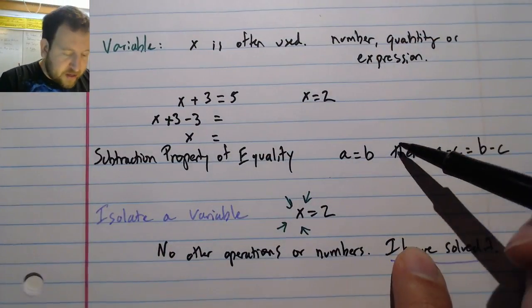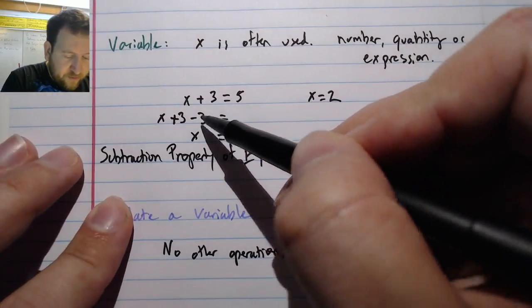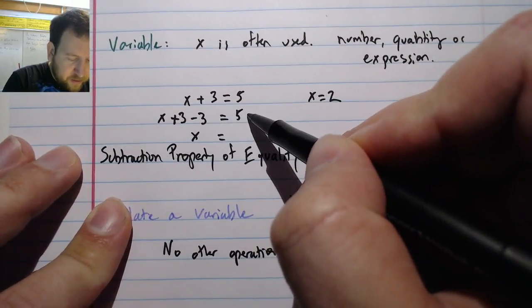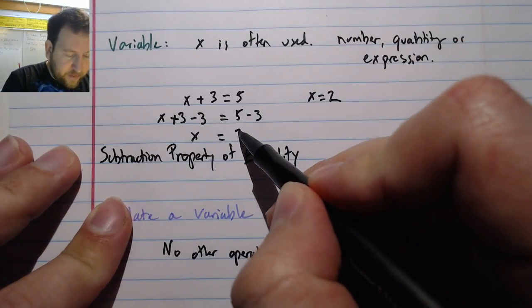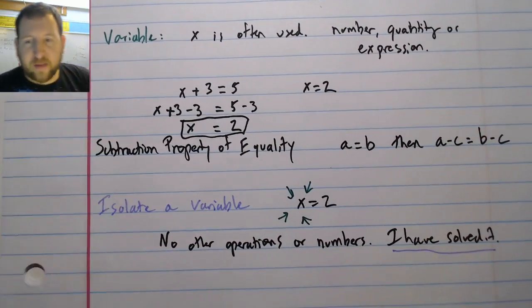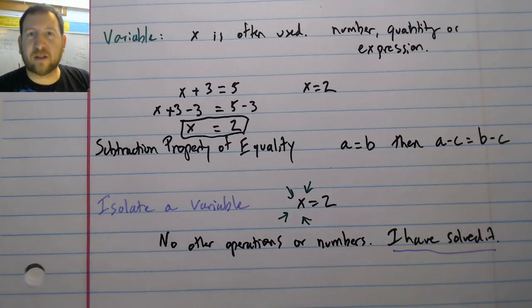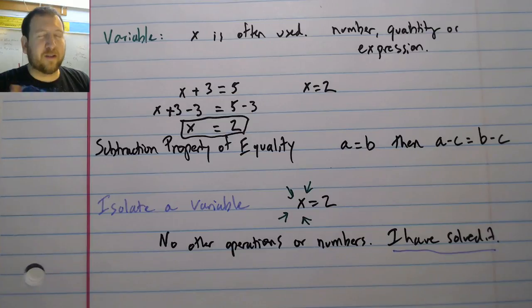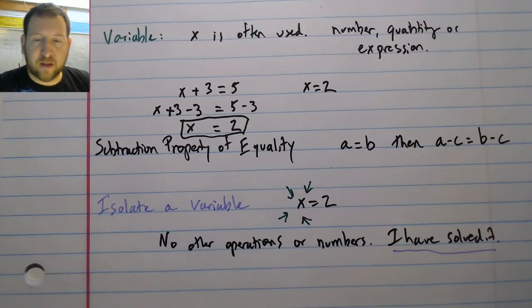But just like my subtraction property of equality says, if I subtract 3 from this side, I must also subtract 3 from this side, and that's how I get my 2 and get to my answer. This is a very simplistic example, but it's important to use a simple example so we know the answer, because they will get more complicated than this, and even much more complicated the more that we go in math.